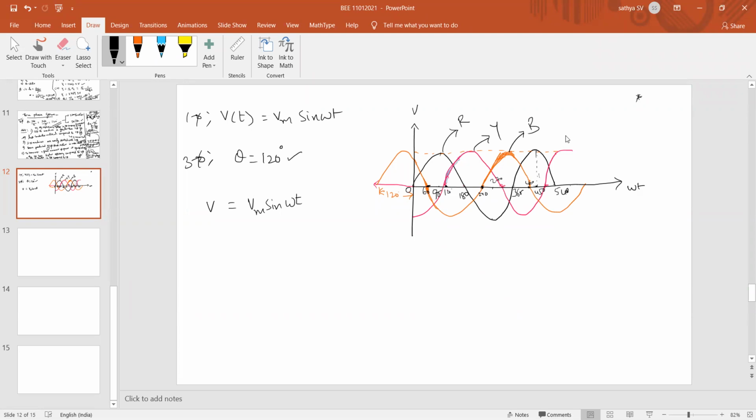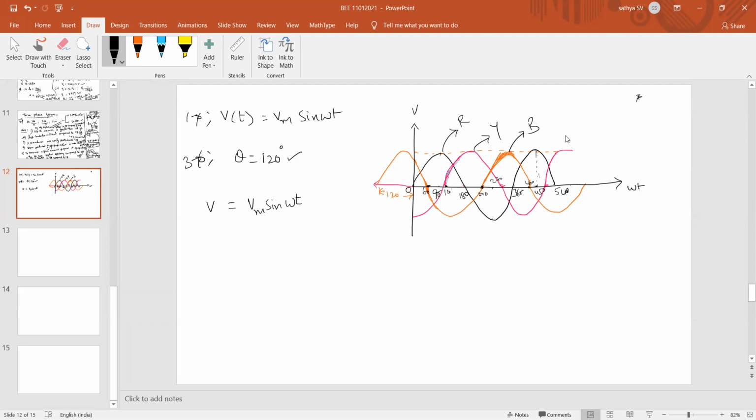So similarly, Vy. What should we write for Vy? With respect to R, how much angular difference is there? The angular difference between R and Y. It should be 120 degrees.